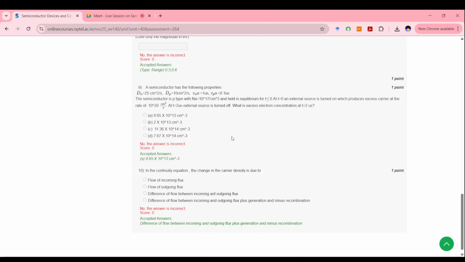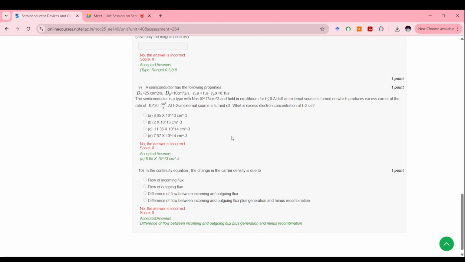So this is question number 9: a semiconductor has the following properties, where they have given Dn as 25 centimeters square per second, Dp as 10 centimeters square per second, tau n0 as 1 microsecond, tau p0 as 0.1 microseconds.